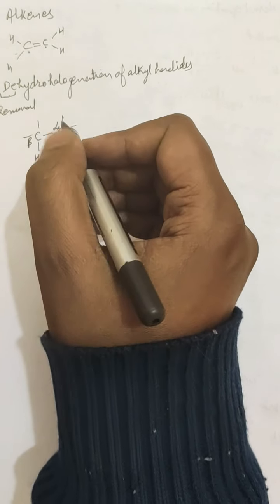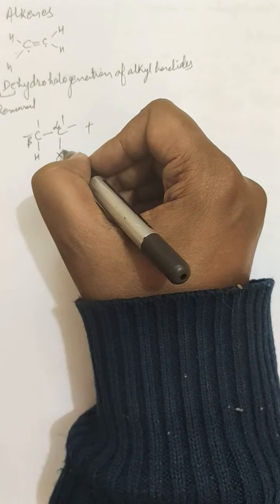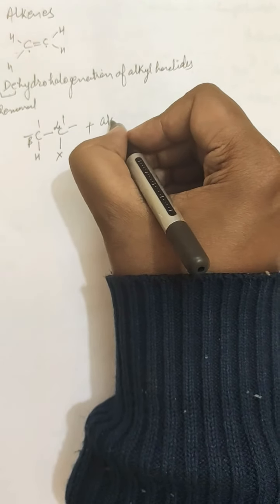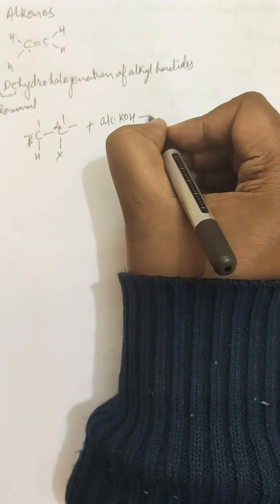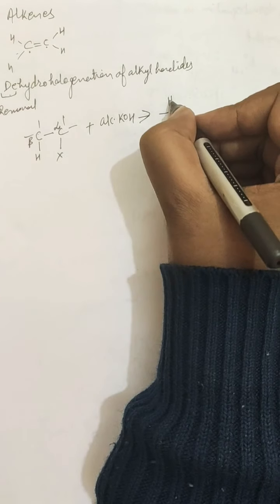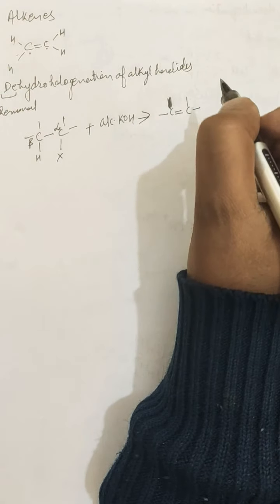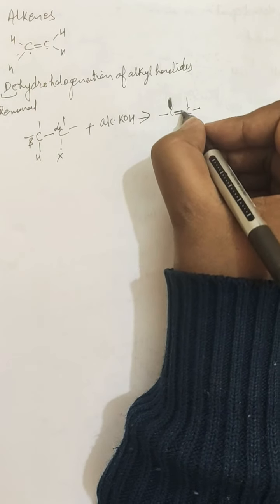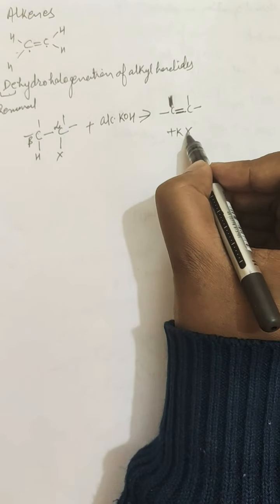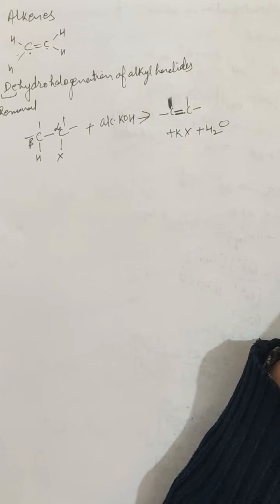So there is the dehydrohalogenation when we treat this alkyl halide with alcoholic potassium hydroxide, alcoholic KOH, it gives us the dehydrohalogenated form. This is called an alkene because of the presence of this carbon-carbon double bond, plus the salt potassium halide plus a molecule of water is also formed.